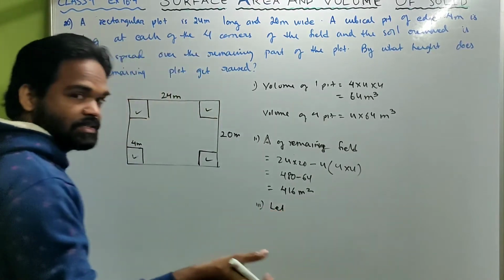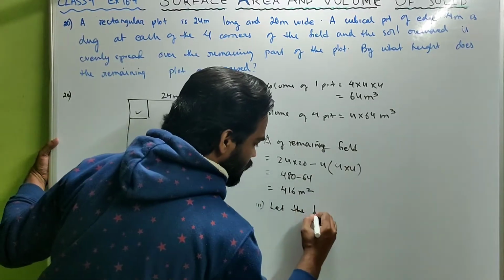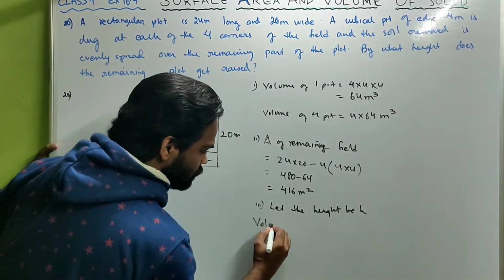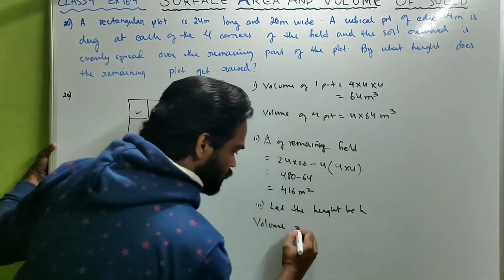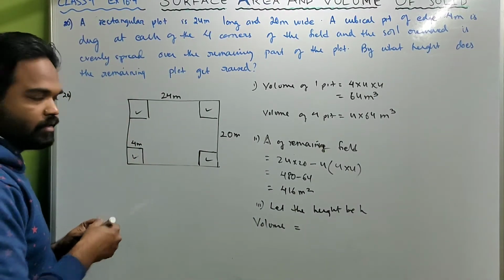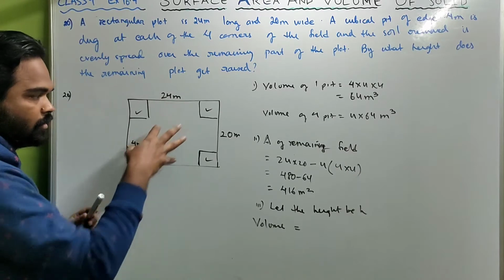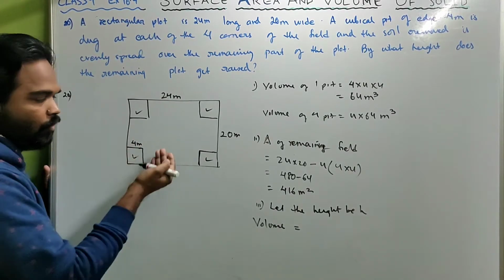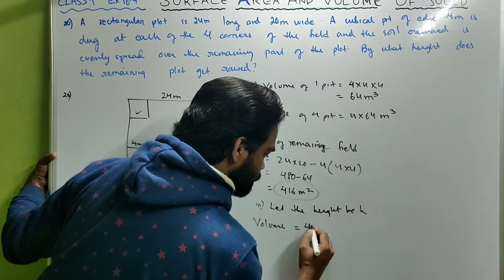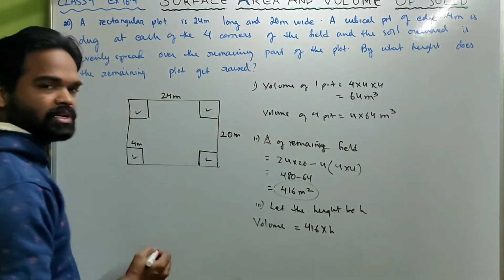Let the rise in level, okay? Let the height be h. Then volume will be what? Volume of this, when the soil is spread, the remaining part, the volume of the soil which is spread will be equal to area into height, isn't it?